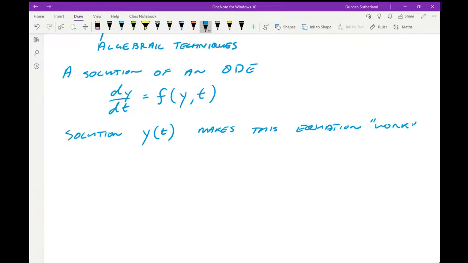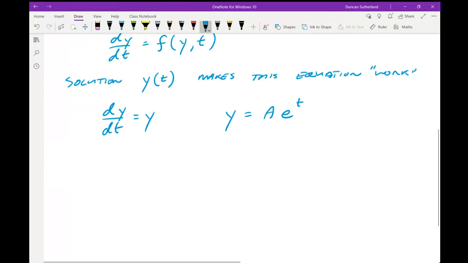So if you're given a solution of an ODE, say you're given dy/dt equals y, and you're told that y equals some constant times e to the t, you can check that this proposed solution is indeed a true solution of the ODE. Sub y equals a e to the t into the ODE.